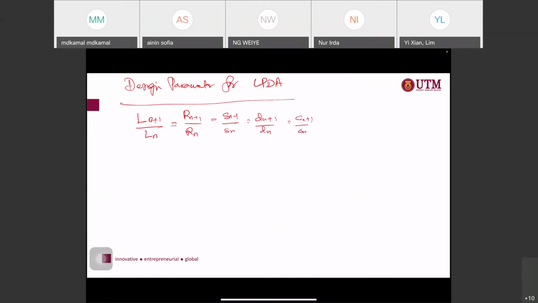So this should be equal to 1 over tau, where n is equal to 1, 2, 3, 4 up to the number of elements.